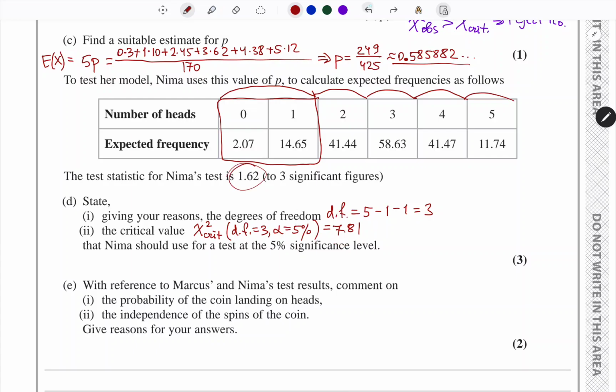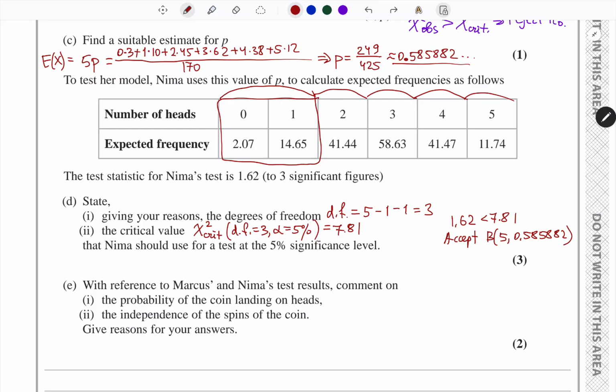So 1.62 is less than 7.81, so we accept. Right, we accept binomial n and p 0.58. We accept this hypothesis.